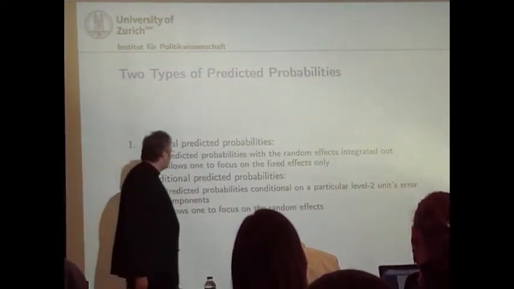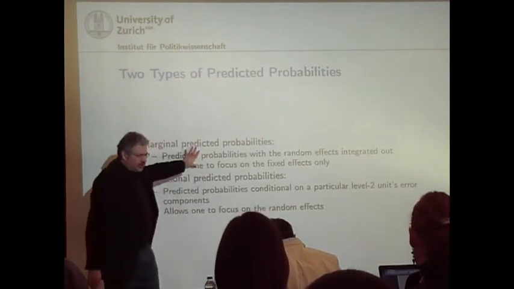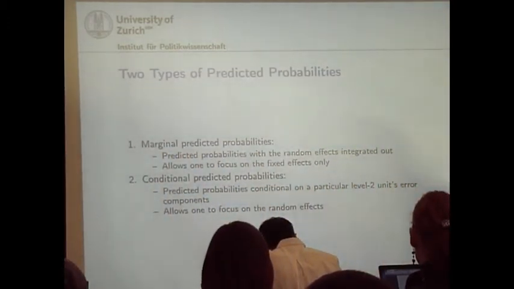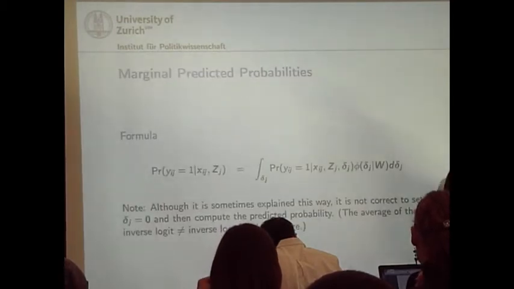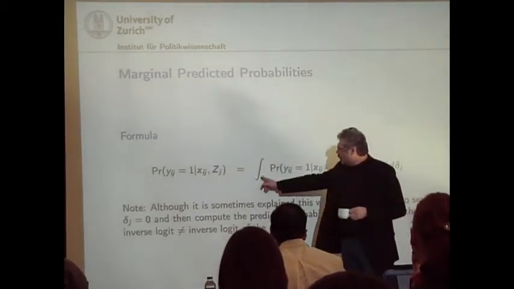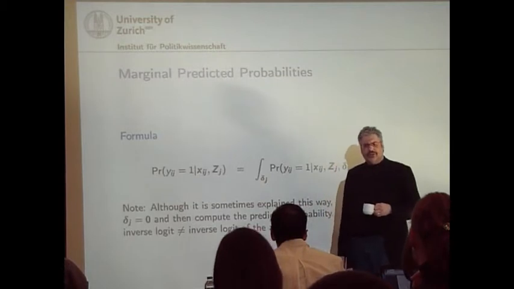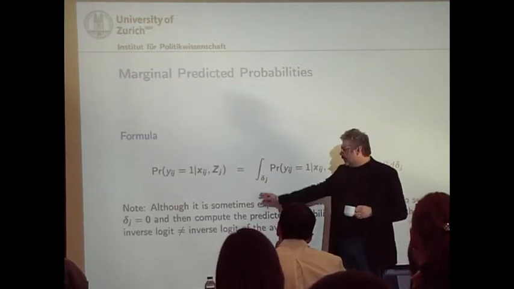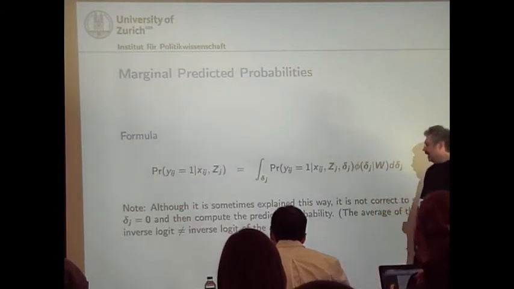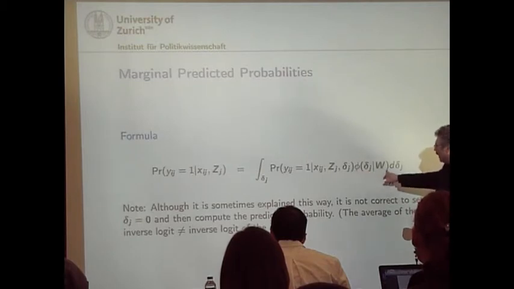Now, let's start with the marginal predicted probabilities. And this is how you would calculate them. You would take all of the random coefficients that are out there, and you would integrate them out by basically relying on the fact that they have a multivariate normal distribution.